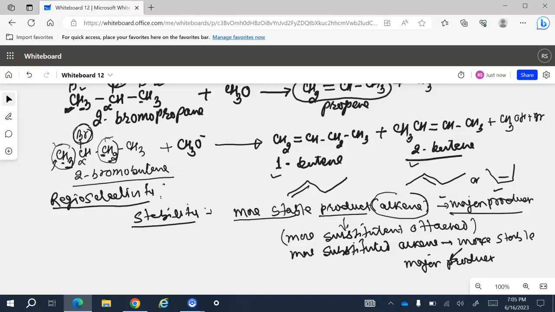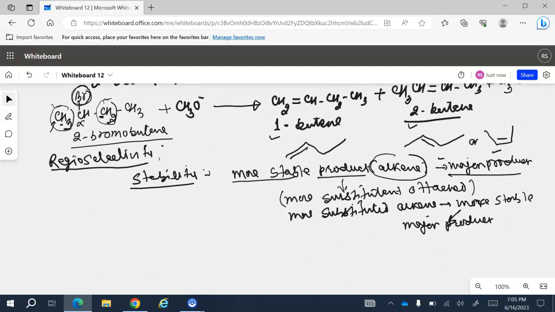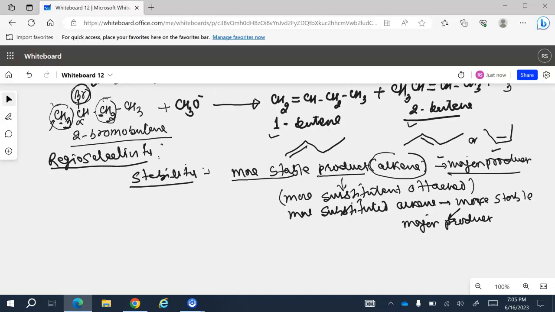Now the question is, how do we decide which one is more substituted, which one is less substituted? More substituted means a larger number of substituents. How do we decide that? When you have a carbon-carbon double bond, don't forget carbon has 4 bonds.